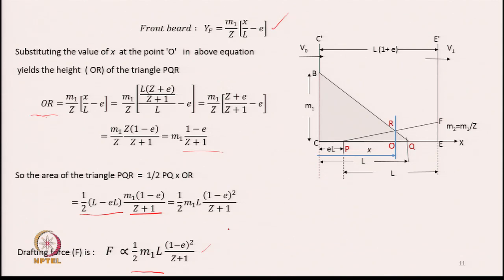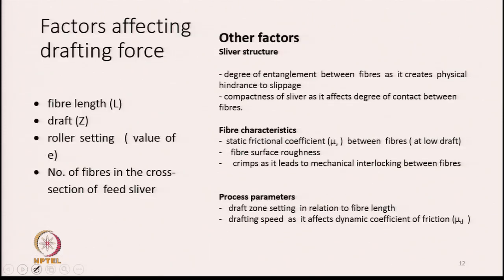So, force is proportional to the area of the triangle and hence proportional to m1, L, E and Z. These parameters are important. So, there are 4 parameters which can influence drafting force as we see from these equations. These are m1, L, E and Z. Therefore, we can now write the factors that affect drafting force.